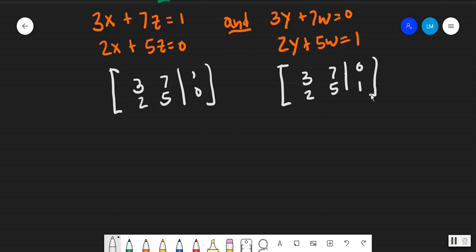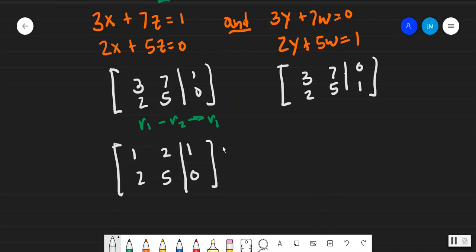We can probably just solve each of these individually, because if you subtract row 2 from row 1, that gives you a new row 1. So this is going to be 1, 2, 1, and then 2, 5, 0.